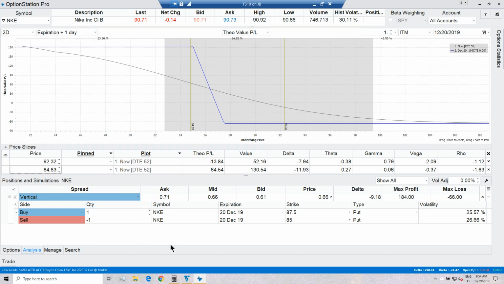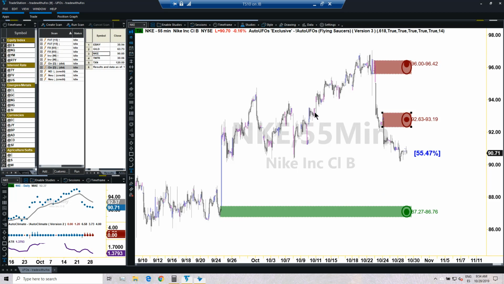So how do we build the bear put spread? To build the bear put spread, we are going to use puts. We will be buying a put somewhere in the middle between the entry price and the final target, and then we will be selling a put which needs to be beyond the target.